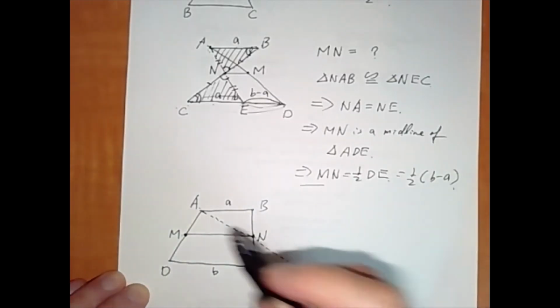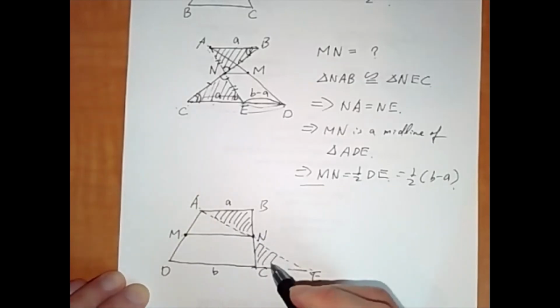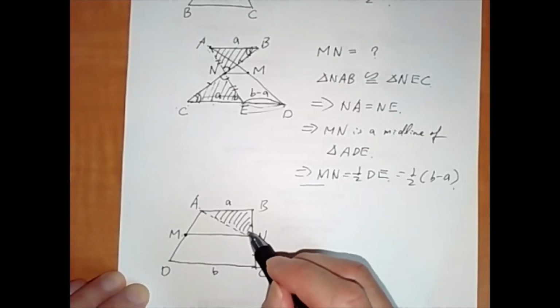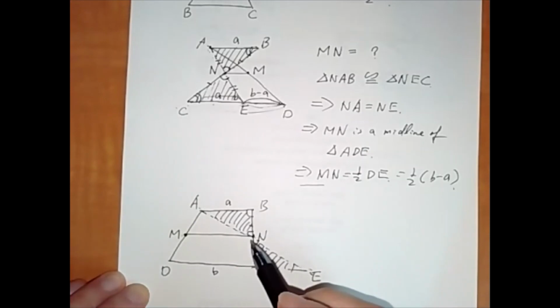Why? Because we can prove the congruence of these two triangles. Midline, angle and alternate interior angles, ASA, and then this part is A.